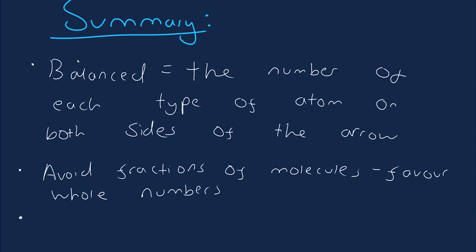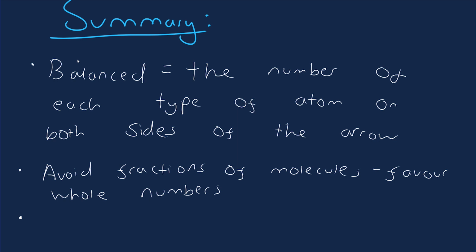And the last point, do you remember what that was? That was when you're actually balancing an equation, you want to prioritize balancing the equation using molecules that contain multiple different types of atom.